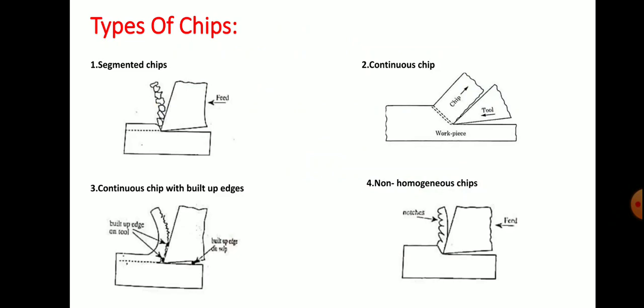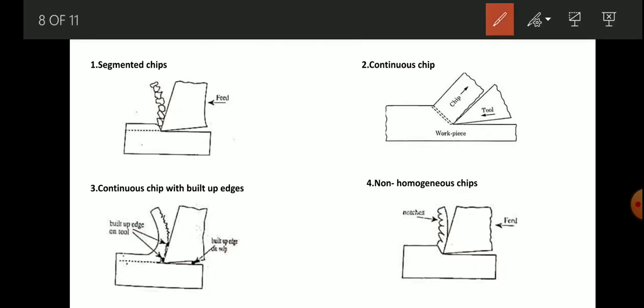Coming to the segmented chips, it consists of a workpiece and a cutting tool, which is given feed in this direction, and these are the chips which are in the form of segment. So this consists of separate plastically deformed chips fractured into small pieces.